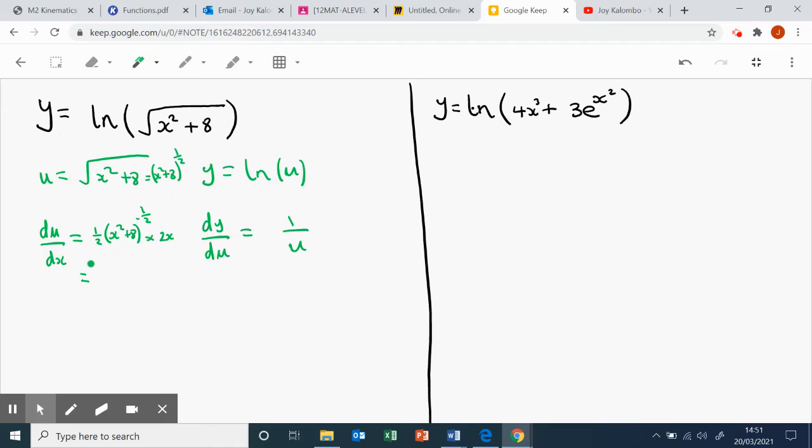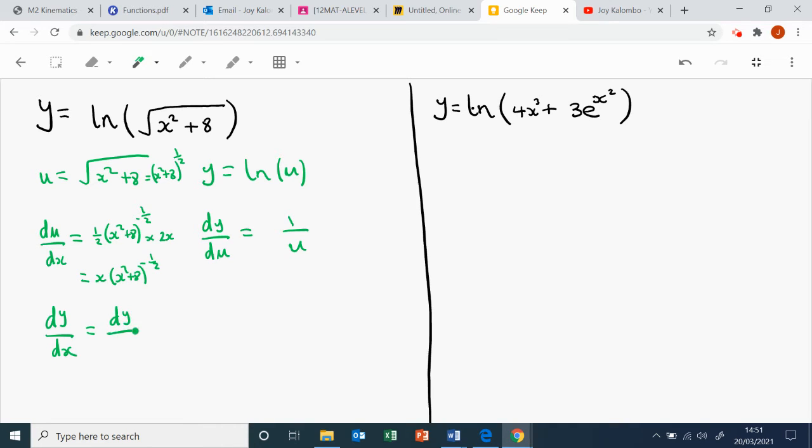So simplifying that, du dx, I get x, because a half times 2 is 1, multiplied by x squared plus 8 to the power of minus a half. Okay, and now I have dy dx is equal to dy du multiplied by du dx.